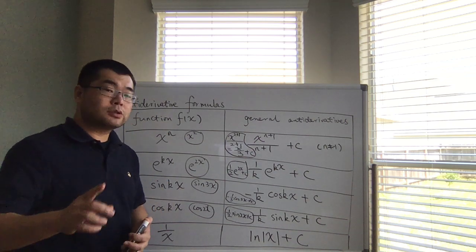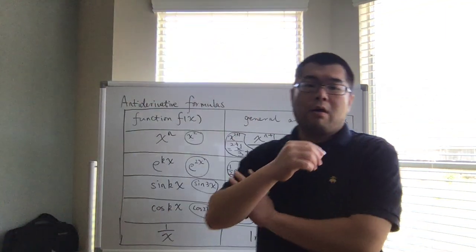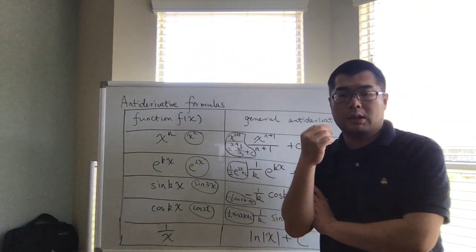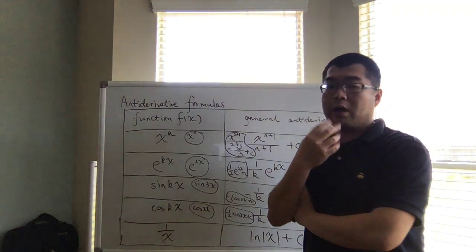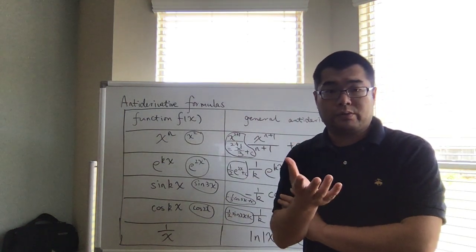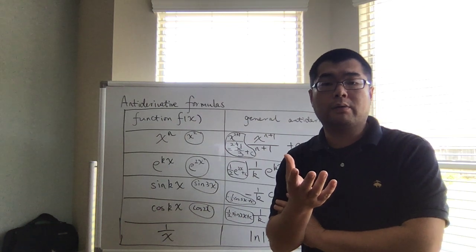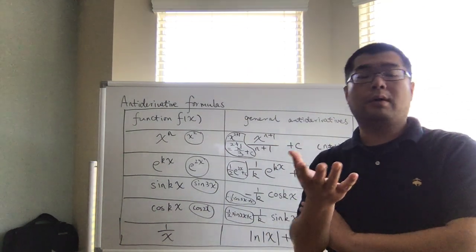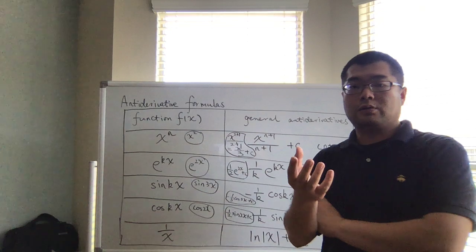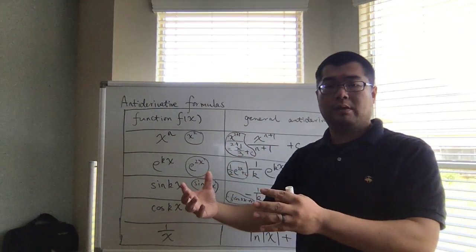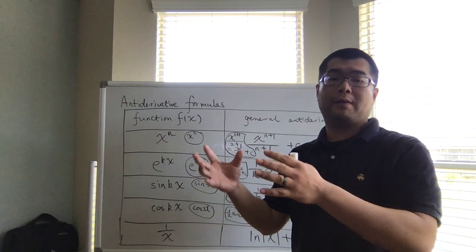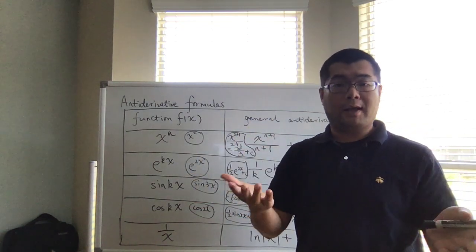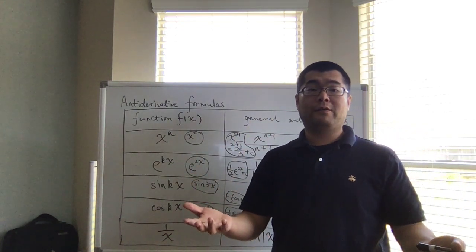Also, guys, the good thing about this antiderivative process is you can always check your answer, because we already know the derivatives very well. When you get an answer, take the derivative of your answer and see if it matches the given function. If it does, sure, this is the correct answer.